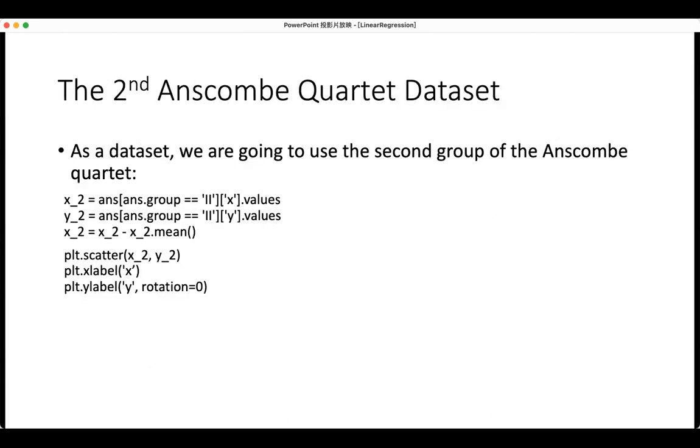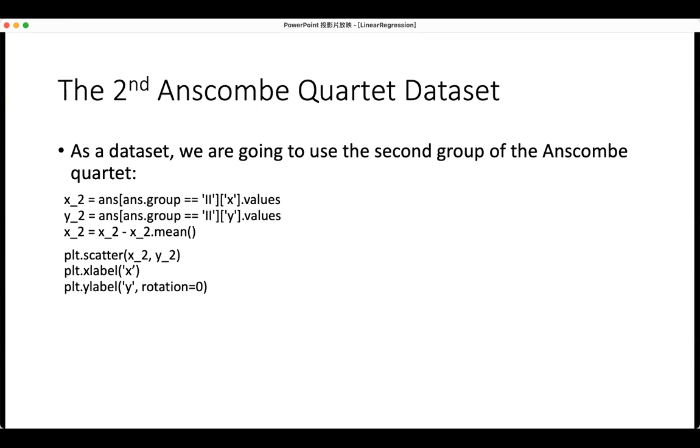So to demonstrate this polynomial regression, we could use the second Anscombe's quartet data set. Previously we used the third one to show you the impact of outliers, and also how we can adjust our model to reduce the impact of outliers. Remember?